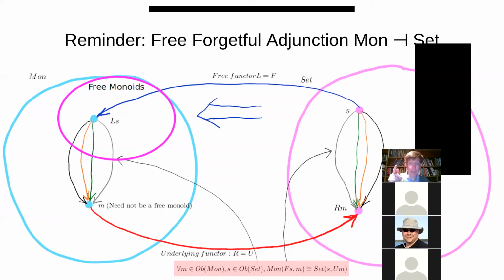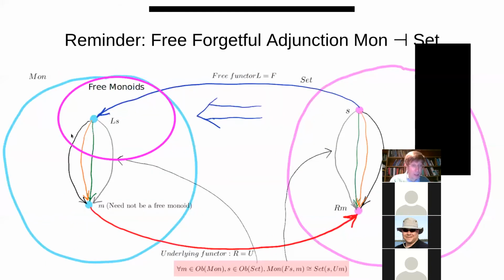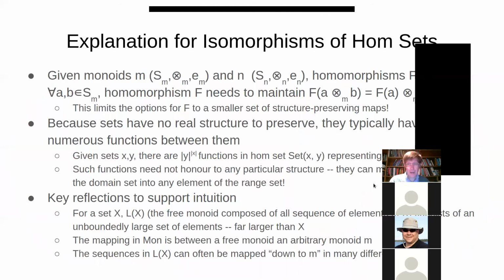You pick the M. So you could give me a free monoid, or you can give me a non-free monoid, and most monoids are not free. Most monoids have a lot more structure than free monoids, and so it need not be a free monoid. But the sequences in L of S can often be mapped to that monoid in a number of different ways. And as we'll see, those ways are in one-to-one correspondence with these ways. Okay, so let's see that.